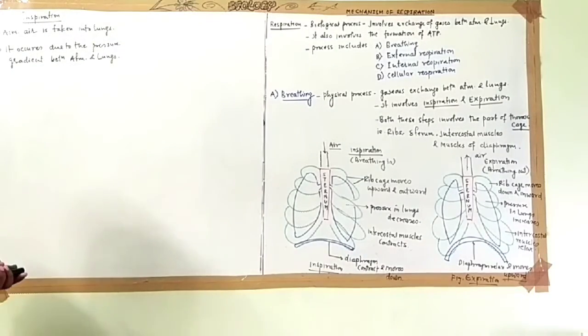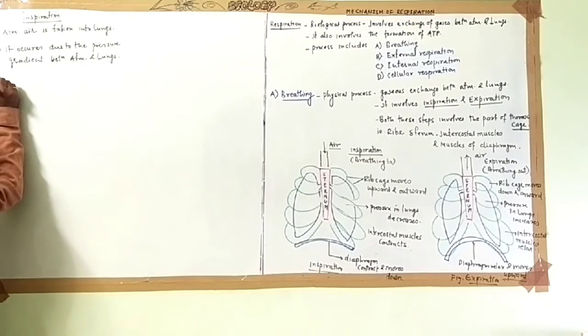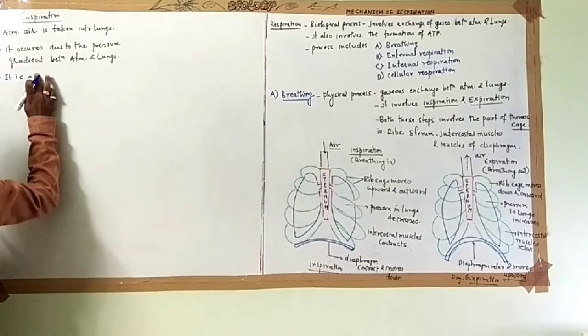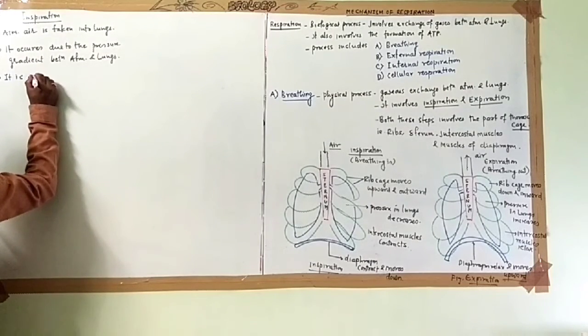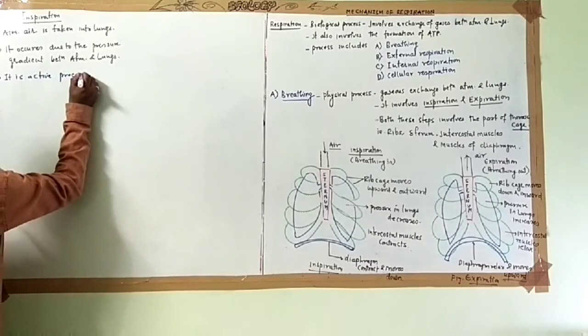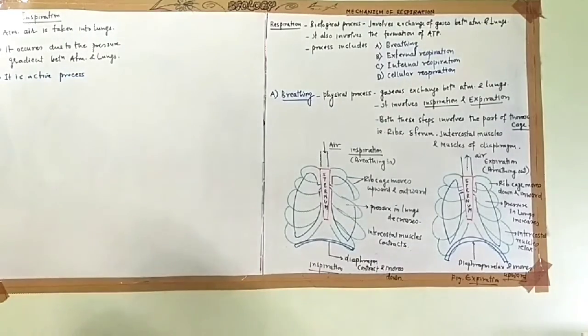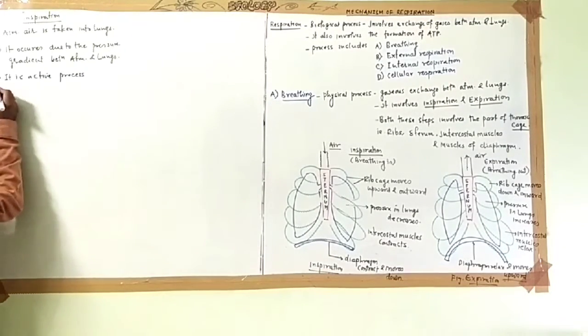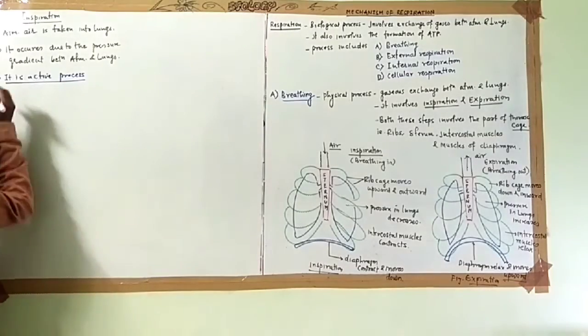Next, the third one, it is an active process, in which certain movements take place. What movements take place during inspiration?